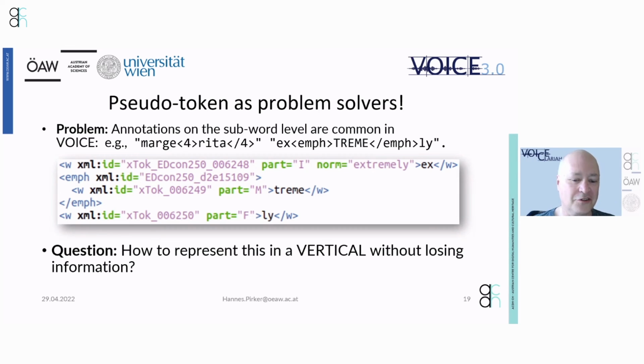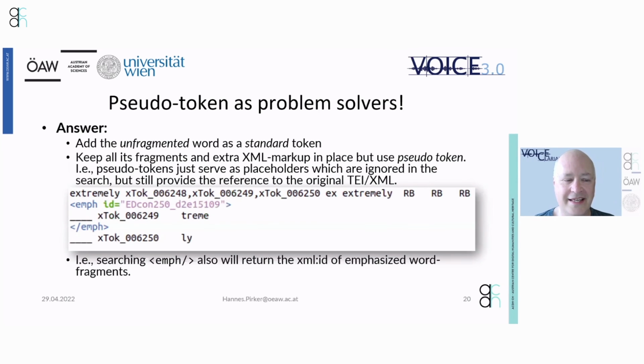So what to do? We again employ this pseudo-token mechanism. And what we do is we add the unfragmented word, in our case extremely, as a normal token. So it will be searchable. It has the proper part of speech tag. And as you see, it bears not one XML ID, but it keeps the XML IDs of all the fragments.